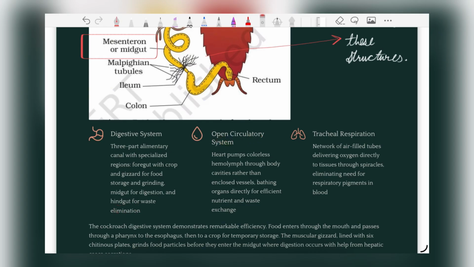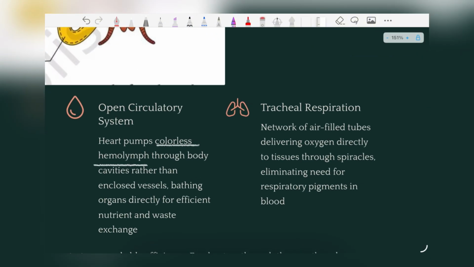Open circulatory system: the heart pumps colorless hemolymph through the body cavity rather than enclosed vessels, bathing organs directly for efficient nutrient and waste exchange. Now, tracheal respiration: a network of air-filled tubes delivering oxygen directly to tissues through spiracles, eliminating the need for respiratory pigments in the blood.